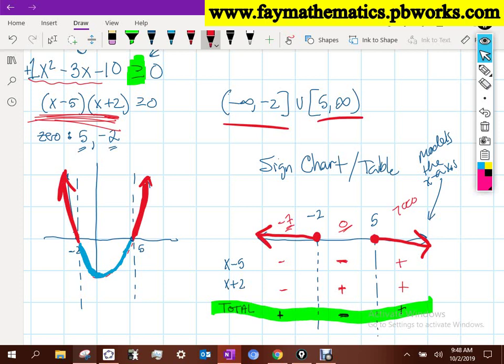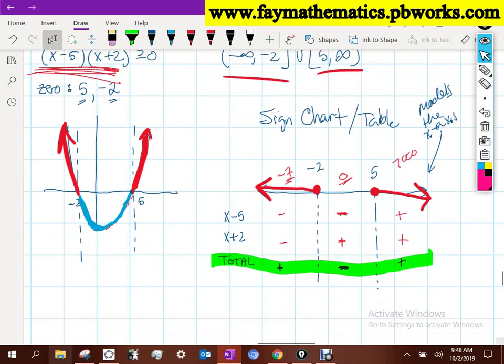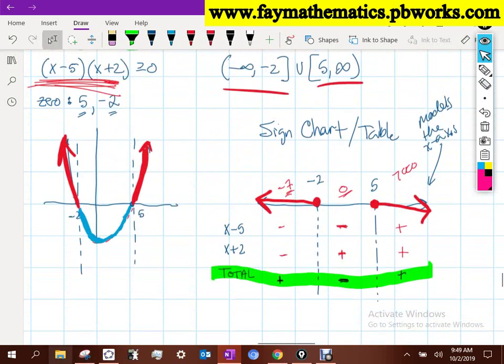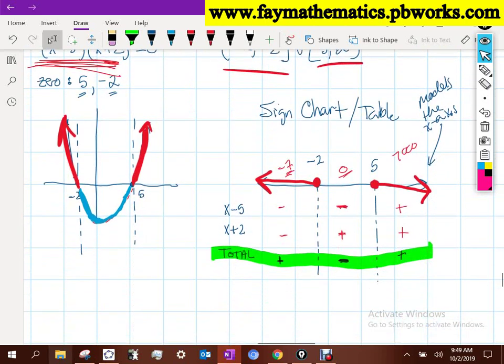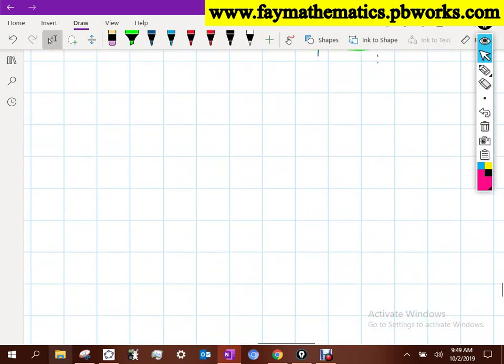I want to do one more with you. The task of these is to always factor first. You have to factor in order to find your zeros, and then in order to write these down here. I'm going to do one with you, and just to save time, I've already factored it for you.